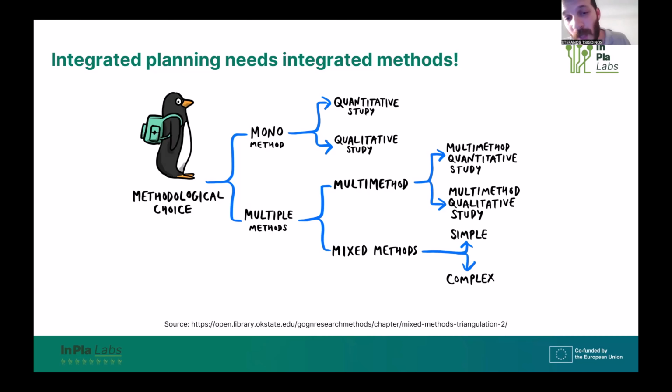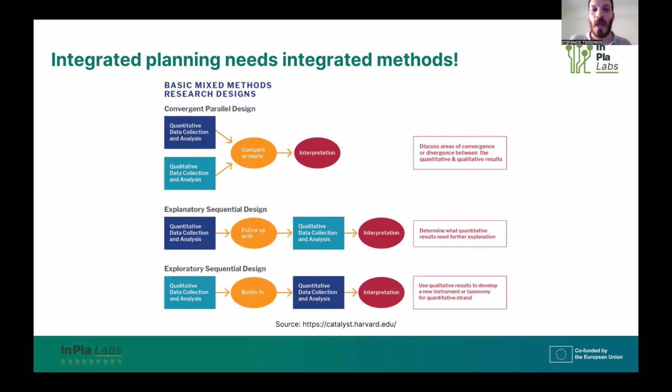But on the other hand, we have the mixed methods. The mixed methods could be simple or complex, but the main point is that we deal with those two main approaches together. So we can see this flow when we are thinking of how to deal with a problem.